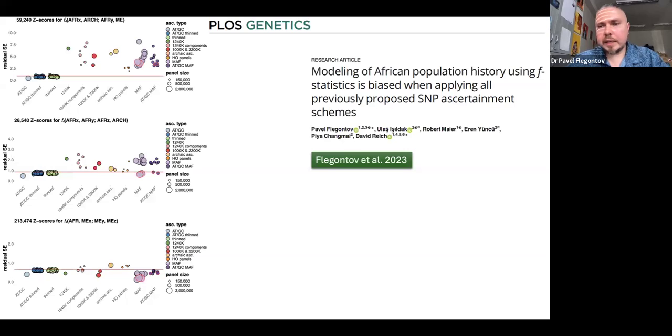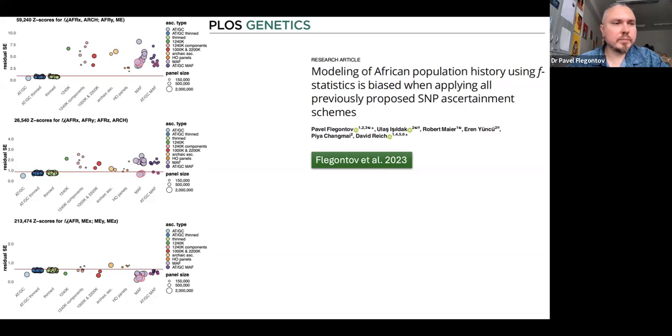So when we analyze many Africans together, especially Africans with archaics and or non-Africans, then we run into problems. But when we construct PCA or calculate F statistics or fit mixture graph models based on F statistics for non-Africans, for all kinds of combinations of non-Africans, there's no bias. So at least if you construct PCA or run F statistics for non-Africans, or let's say one African outgroup and all the other groups are non-Africans, there's no problem.